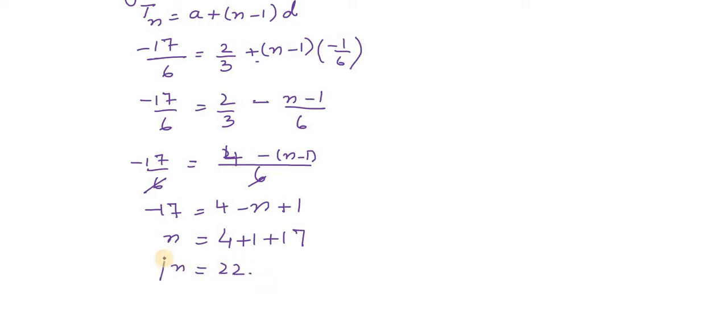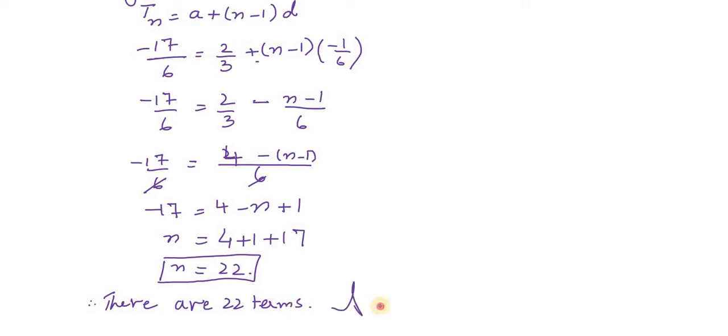So in the given arithmetic progression, the number of terms is 22. There are 22 terms in this progression, and this will be the answer.